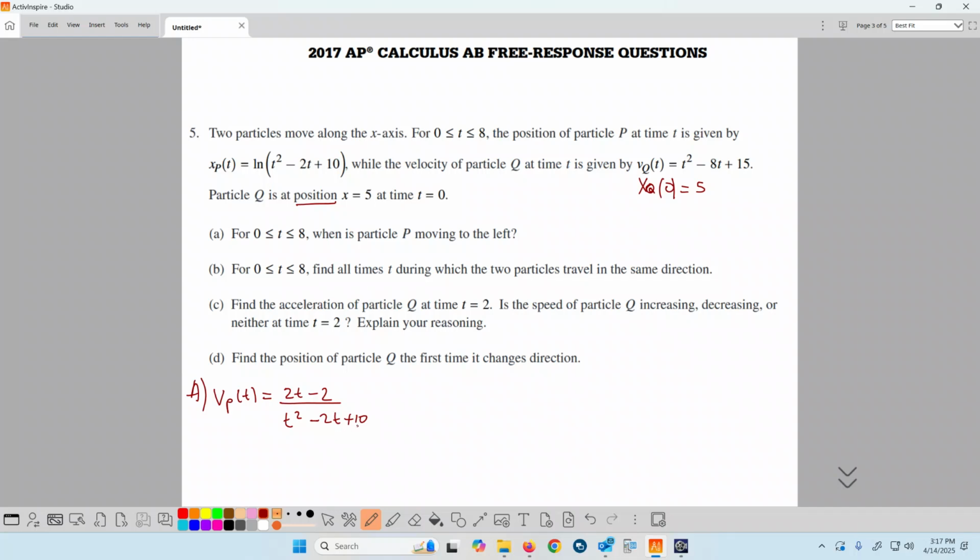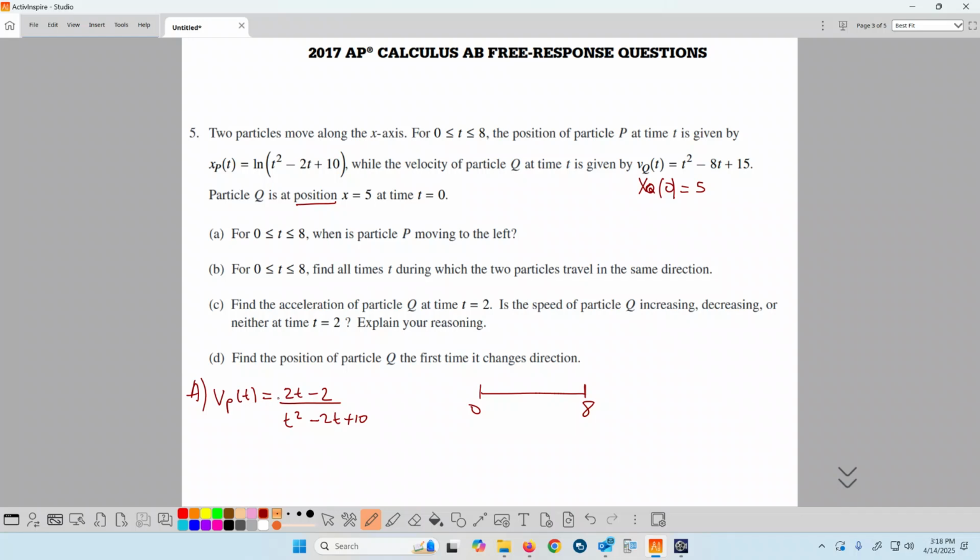All right, so can we do anything to this? Well, we want to know when the particle is moving to the left. We want to know when this is in fact going to be negative. So if you want to know when your derivative is going to be negative, you first got to find your critical points, right? All right, so remember, this is a non-calculator question. So even though sign tables aren't part of a justification, they could be helpful for you to maybe find some work, right?